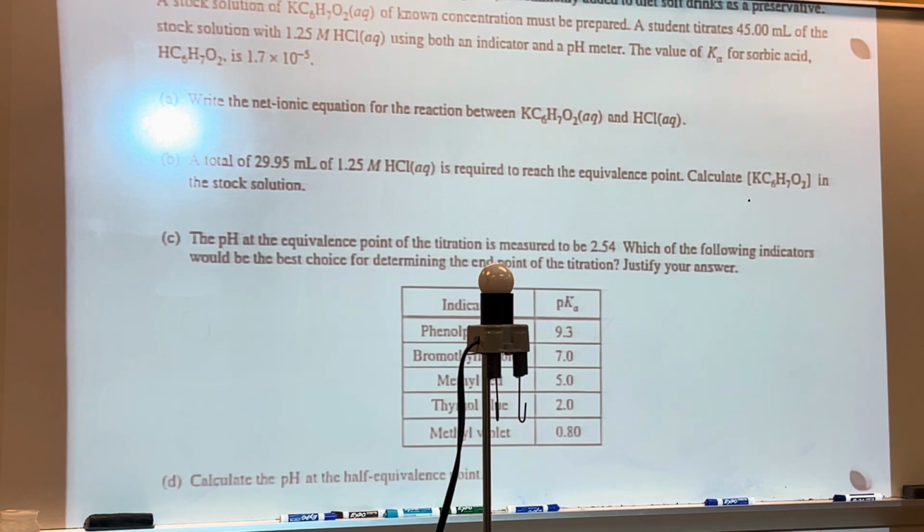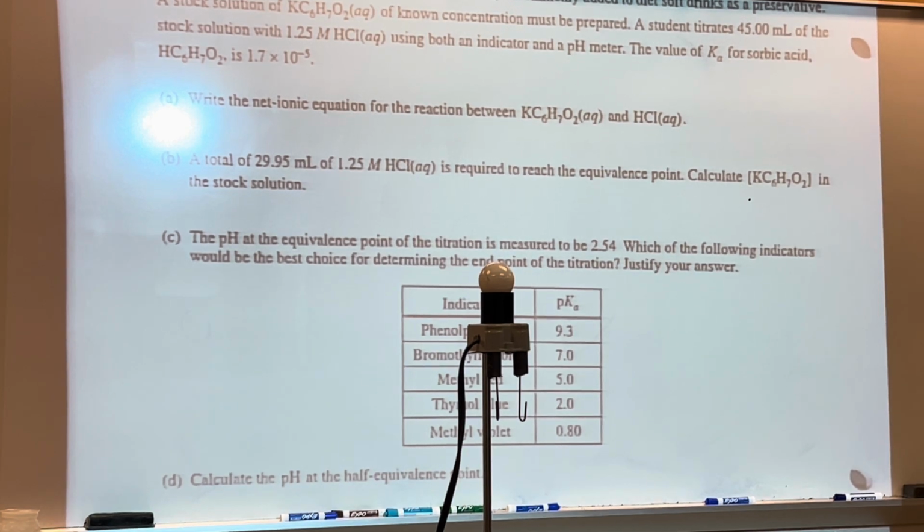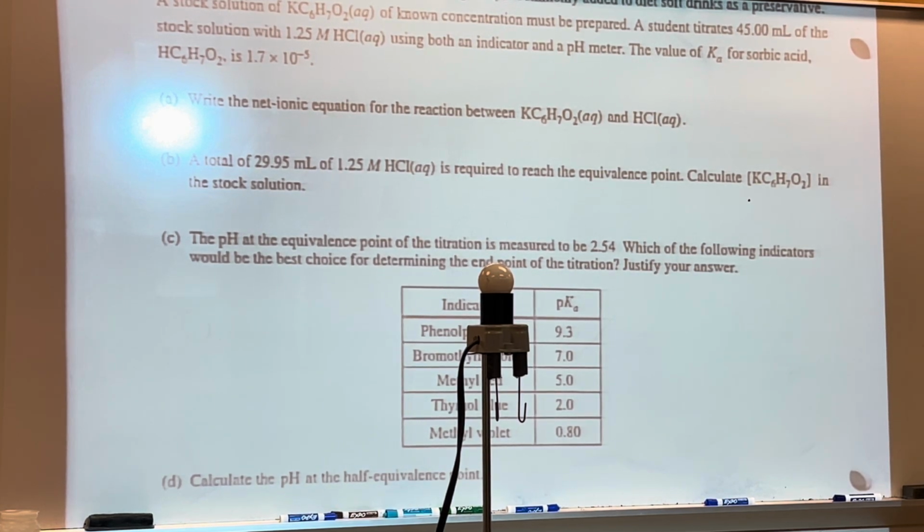Okay, so now, let's think about A. I want you to try to do A right here, just because this is a good one. Notice it says net ionic.